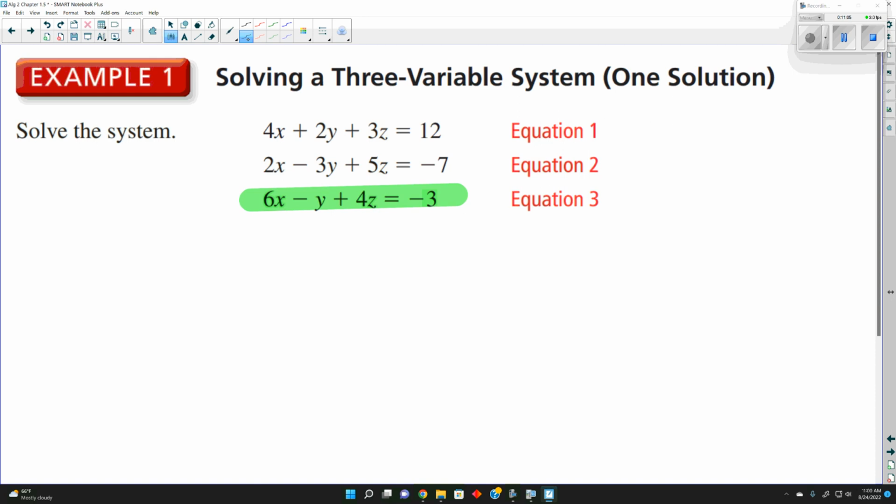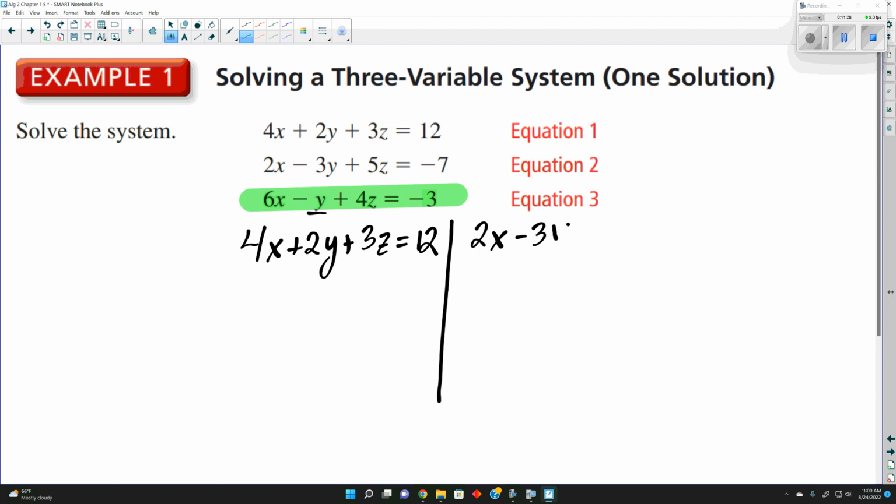Because again, are the three y's in these three equations the exact same? No, so we're going to need some space to work with it so I can change the eliminator equation's y to be the same as the other two. So the first one, we'll have 4x plus 2y plus 3z equals 12. And we'll also have 2x minus 3y plus 5z equals -7.